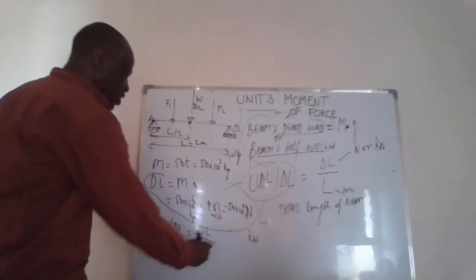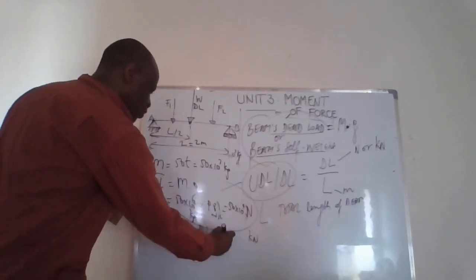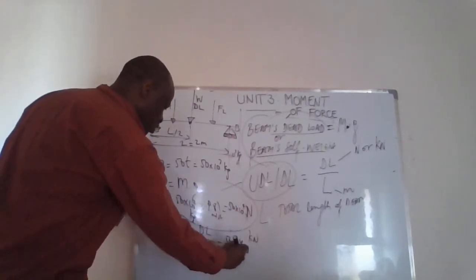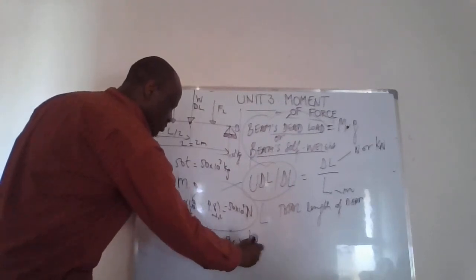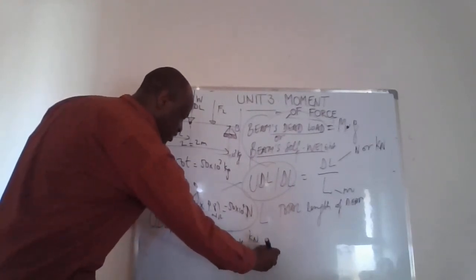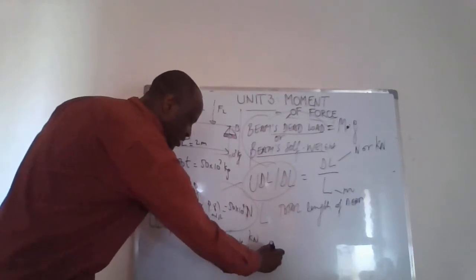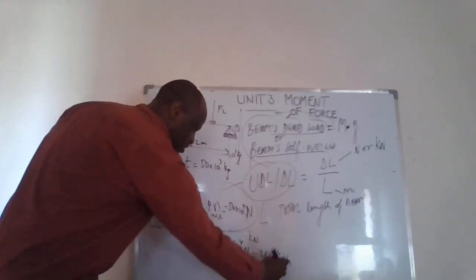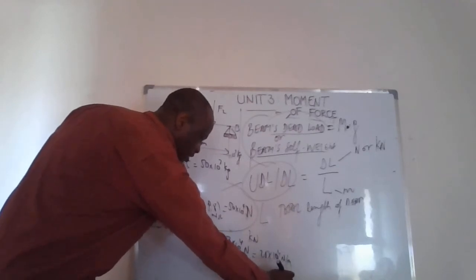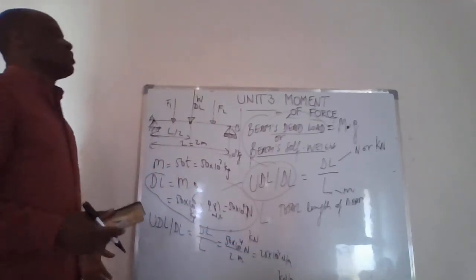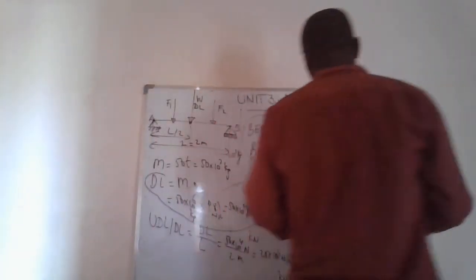What am I going to do? I'll take the dead load, 50 times 10 to the power 4 newtons, over 2 meters. I should be able to get my UDL dead load as 25 times 10 to the power 4 newtons per meter, and I can express it in kilonewtons per meter. This is how you calculate the UDL dead load.